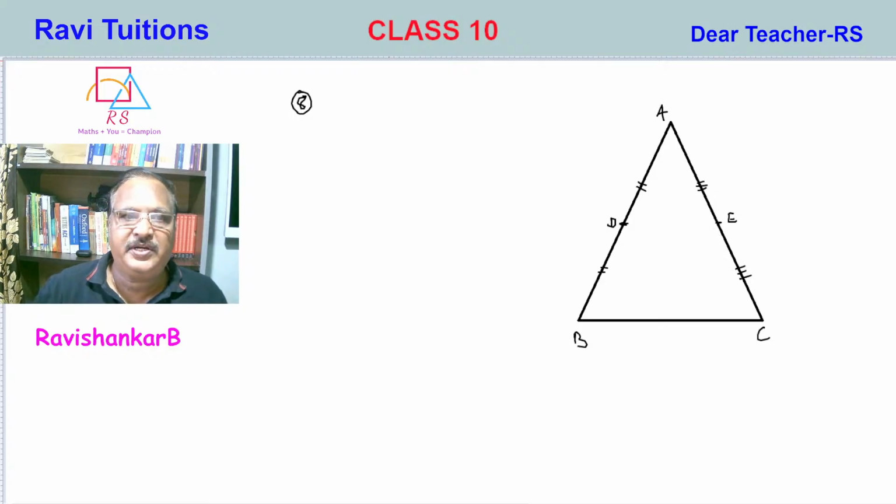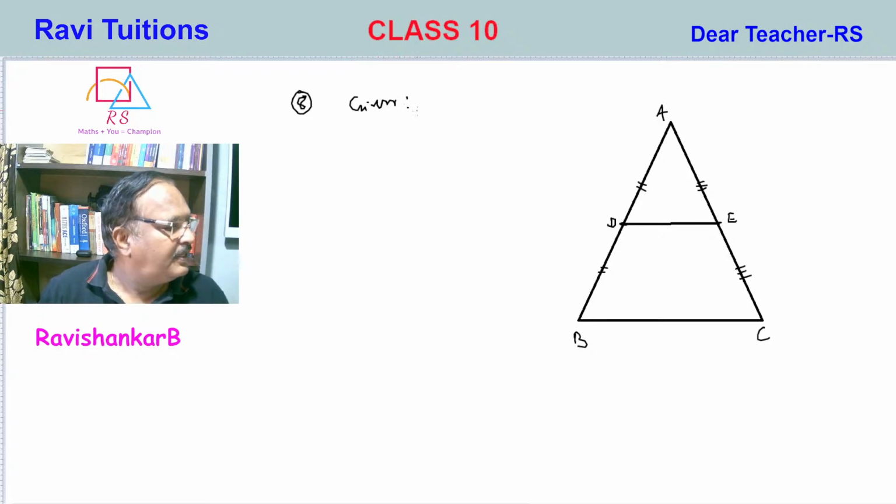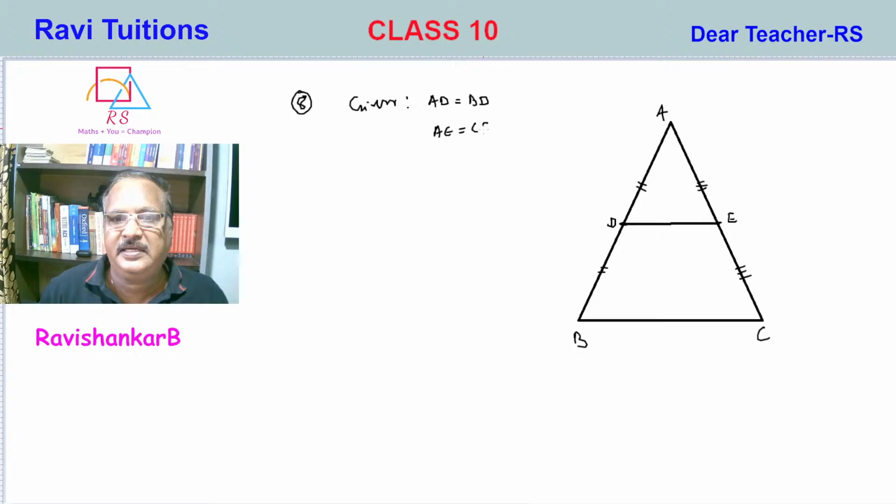So the line joining these two midpoints is parallel to the third side. So we have to prove that. Now in this what is given? AD is equal to BD and AE is equal to CE. So then RTP, DE is parallel to BC.